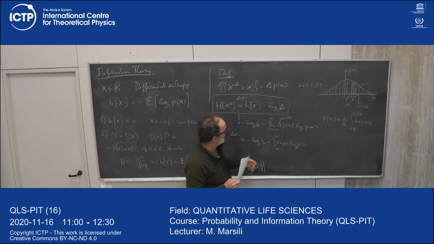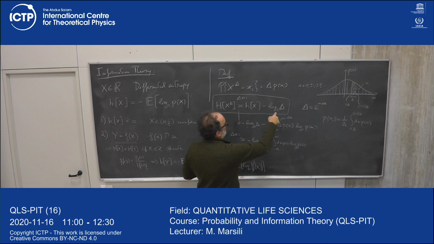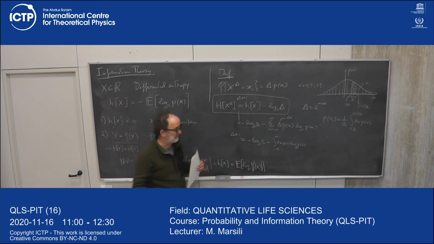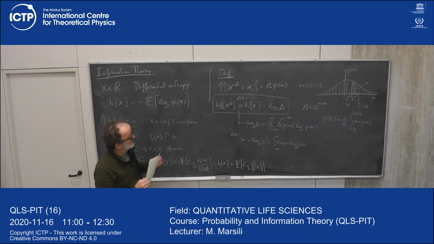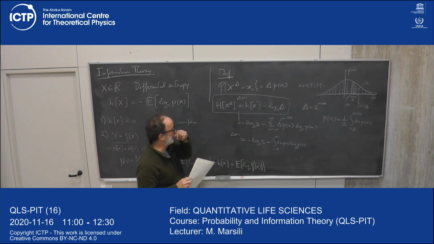up to precision delta. So if you want to know a random variable to m binary digits, then you will have delta equal to 2 to the minus m. And then this minus log 2 of delta will be exactly equal to m. So this tells you what is the offset.